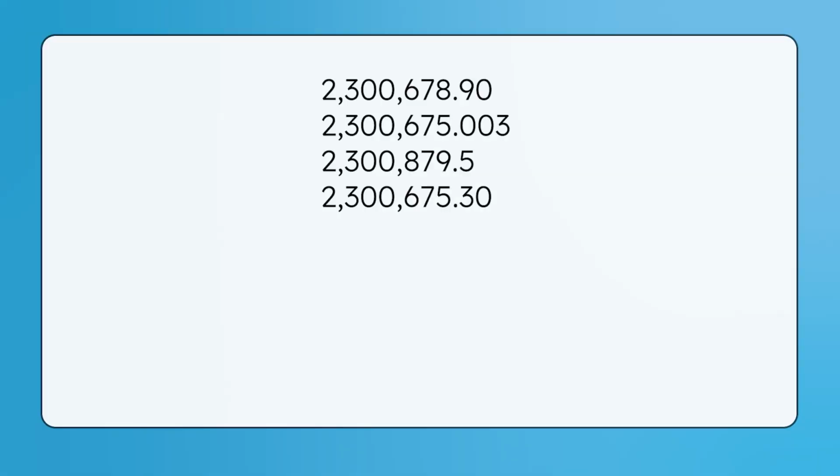Start by checking the millions, hundred thousands, and 10,000s places. All four numbers begin with 2,300,000, so we keep going until we find where they differ.